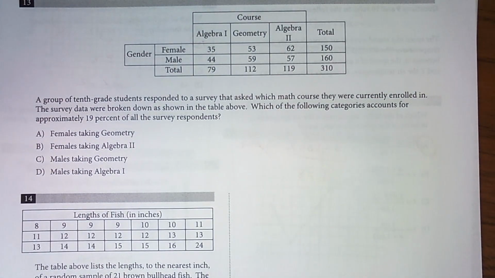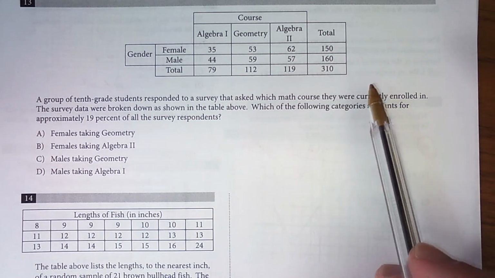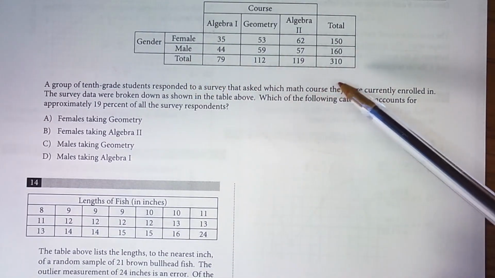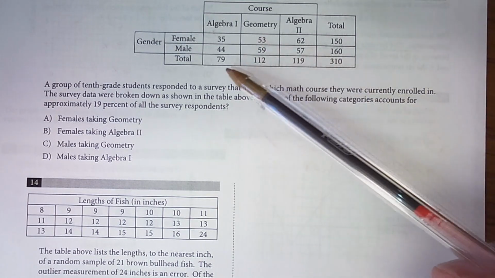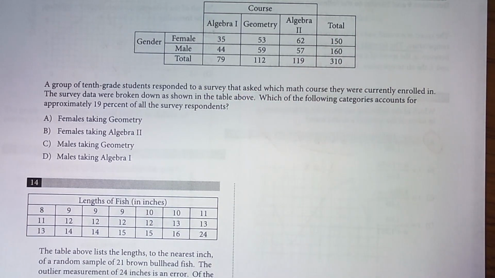We've got a chart here showing course enrollment in 3 different math courses by males and females. A group of 10th grade students responded to a survey that asked which math course they were currently enrolled in. The survey data were broken down as shown in the table above. Which of the following categories accounts for approximately 19% of all the survey respondents?